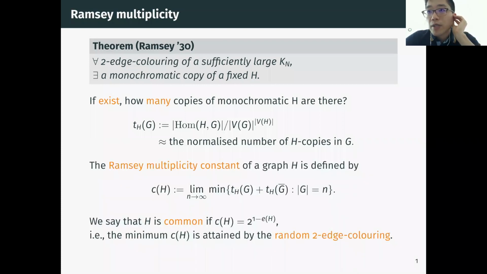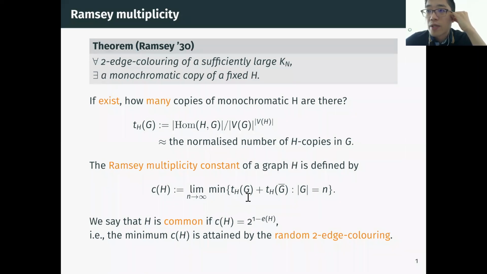And the Ramsey multiplicity constant c(H) is defined by the minimum number of H in G and the G complement, whenever G is an n-vertex graph, and I take the limit as n tends to infinity.